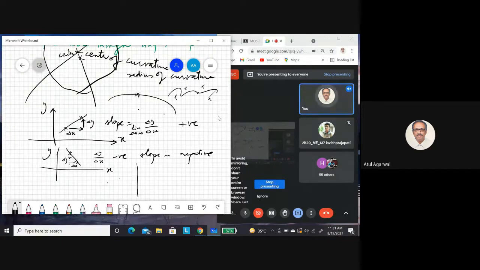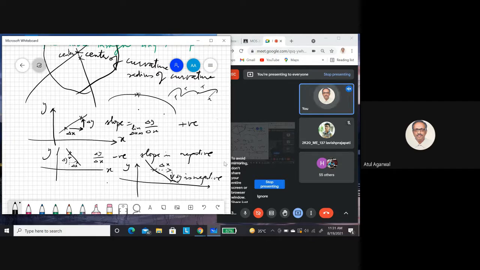Maybe I should have done it like this. I am here. I change my delta x. I have to go down. So this is my nearby point. To reach it, I have to increase delta x and reduce delta y. You see, y coordinate is reducing. So delta y is negative. So you see your slope is negative.